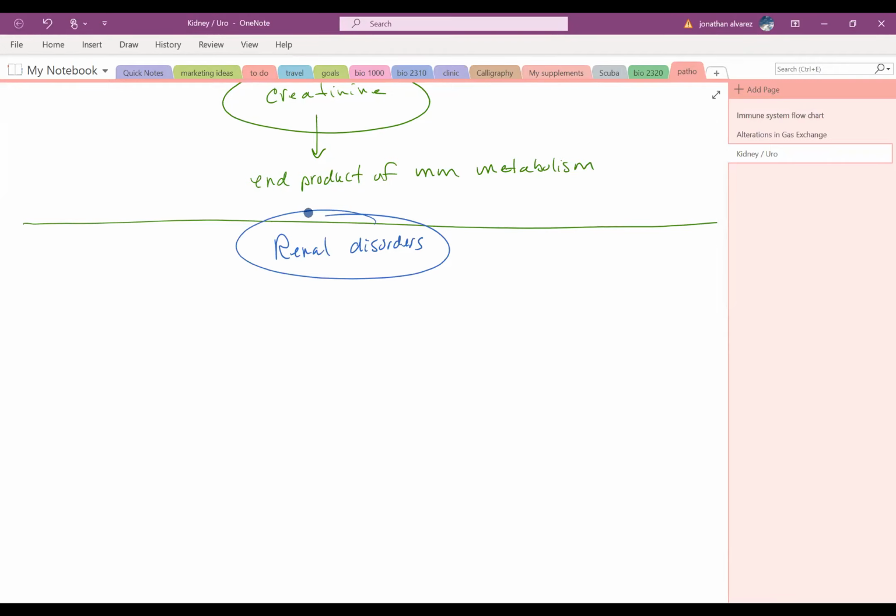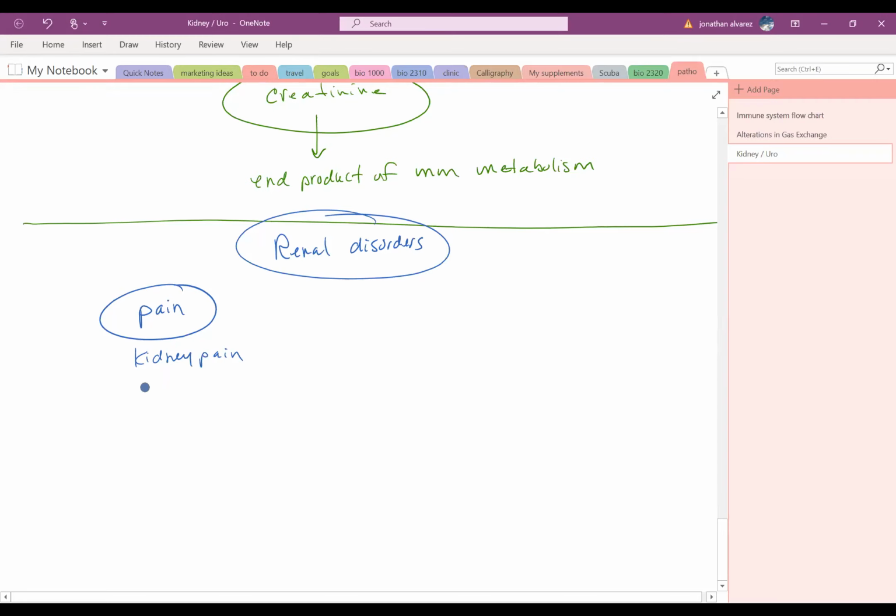Okay, so for starters, the patient's going to come in with pain. That's likely what's going to bring them in to see you. With respect to the kidney, there are some fairly classic presentations kidney pain has.